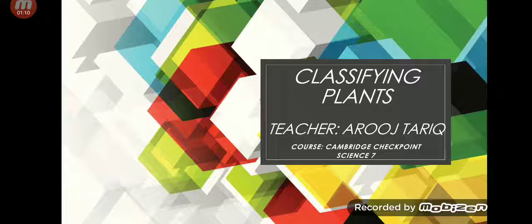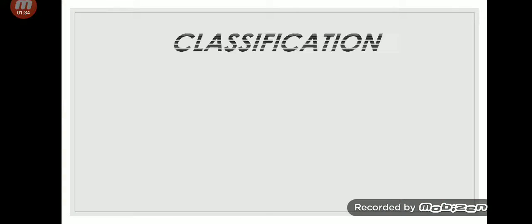Simple. You will keep all the red colors on one side, all the orange colors on one side. So you are dividing the colors on the basis of their colors. So this is classifying, to divide or to put into different categories. So we will start with classification.